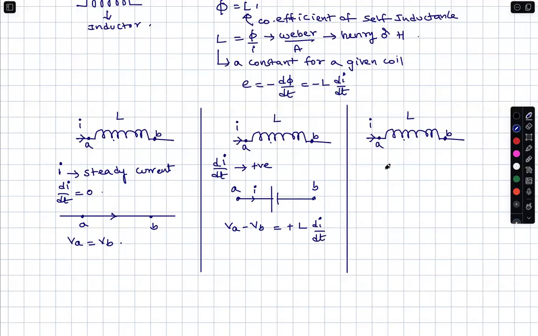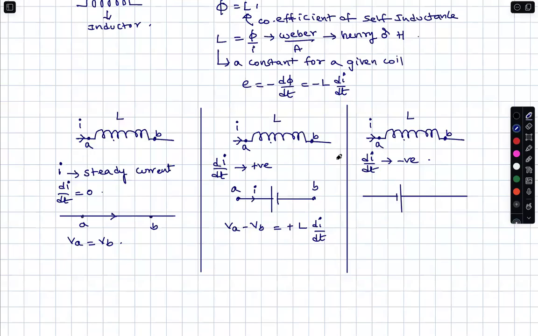Next, suppose di by dt is negative. In that case, the induced current is induced in such a way as to oppose the change. If it wishes to grow, it won't allow it to grow. If it wishes to fall, it won't allow it to fall. That is how it behaves, and that is the reason why it is called inertia in electricity.